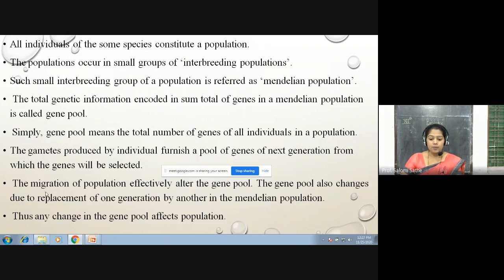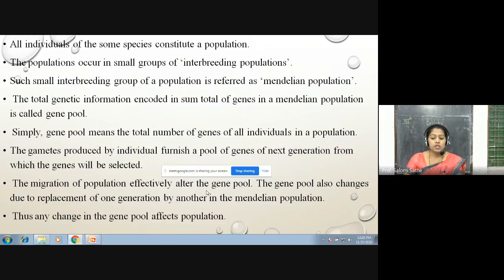Here migration is important, transfer from one place to another place for food, shelter, etc. Gene pool also changes due to replacement of one generation by another in the Mendelian population. The migration of population effectively alters the gene pool.